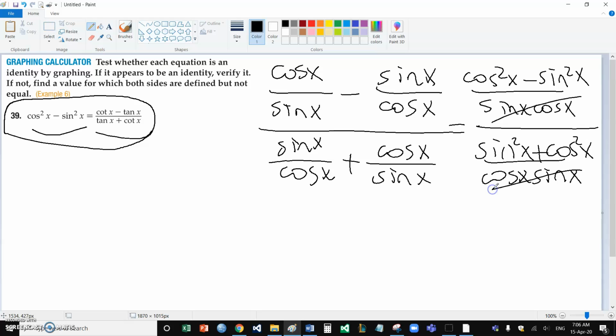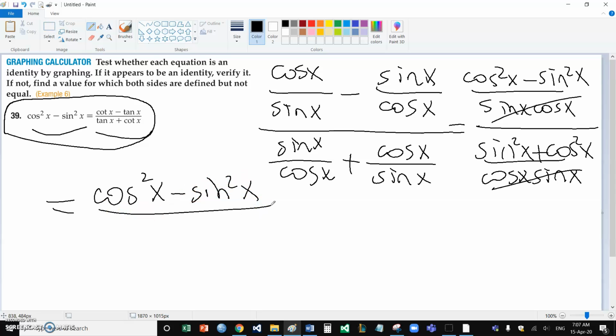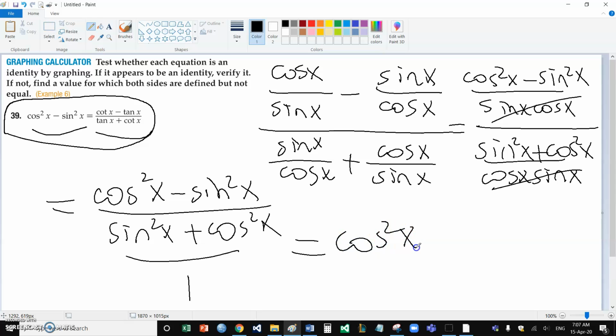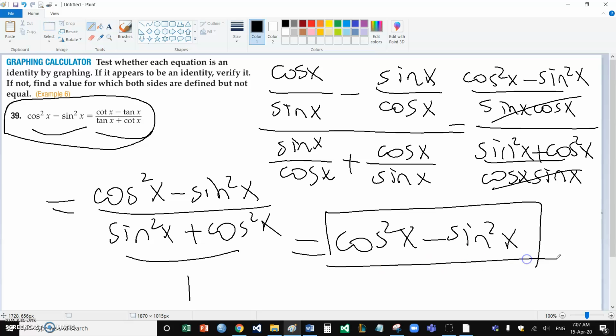This cancels with this, so we're left with cosine square x minus sine square x over sine square x plus cosine square x. Now this is 1, so this is cosine square x minus sine square x divided by 1, which leaves us with this.